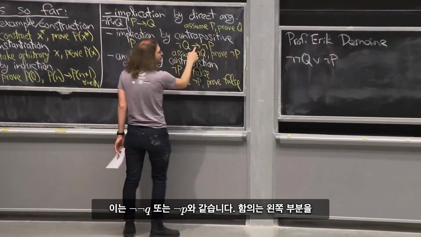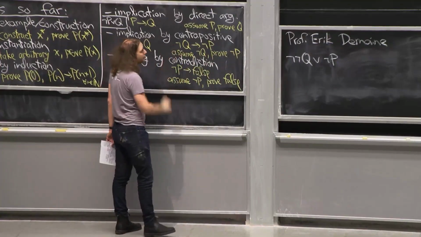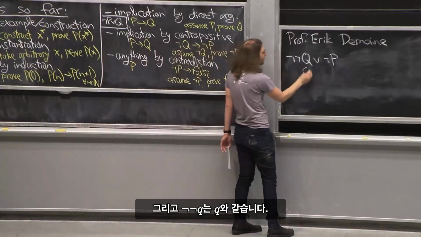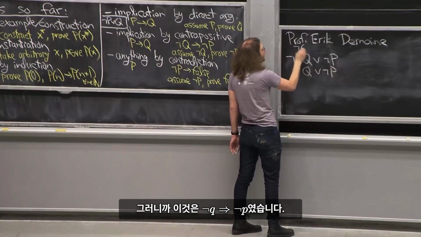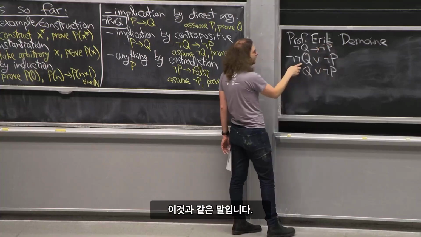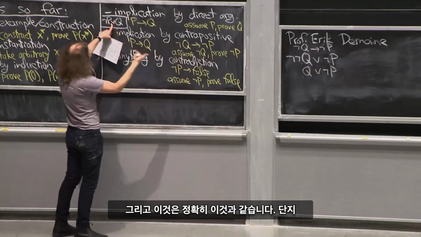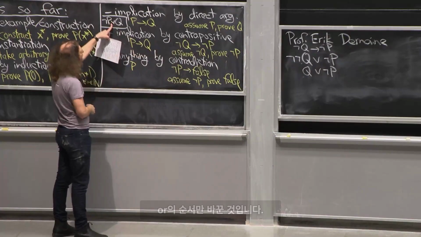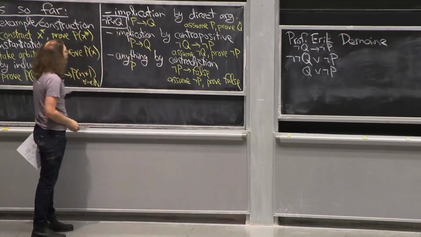Because it implies, it's the same thing as taking an or if you negate the part on the left. And not not q is the same as q. Okay, so this was not q implies not p. It's the same thing as this, is the same thing as this, and that is exactly this, just by switching the order of the ors. And so p implies q is the same thing as not q implies not p.